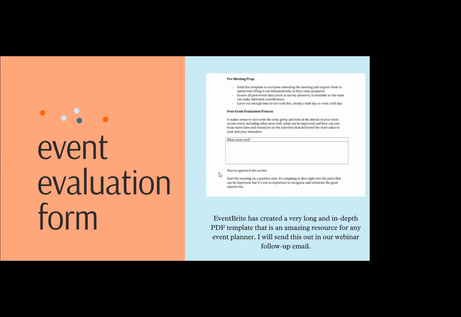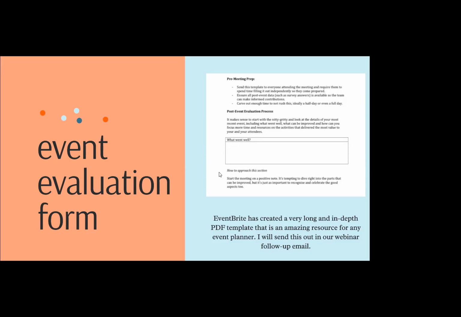But here's the beginning piece, when they're talking about preparing the meeting ahead of time. After your event is over, you bring back the whole event team. It's going to break down all of your goals, how you went about either meeting them or why you didn't meet the goal.